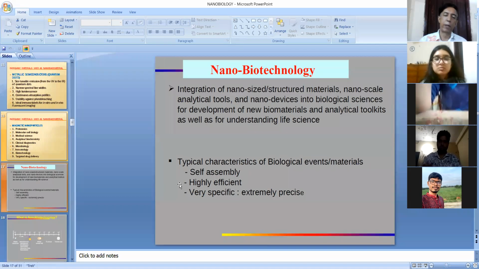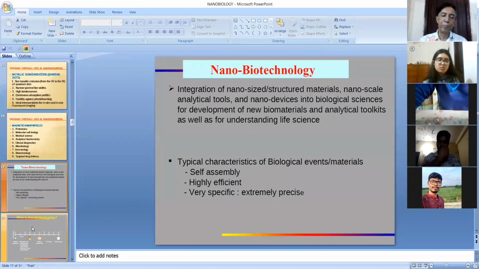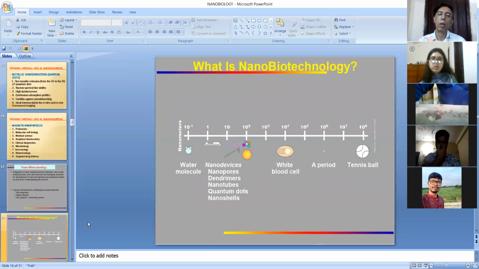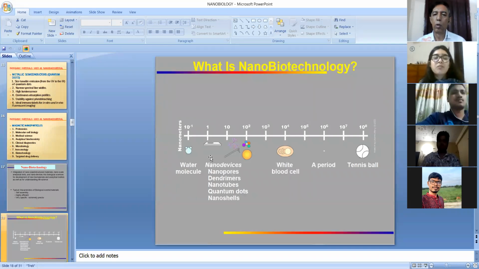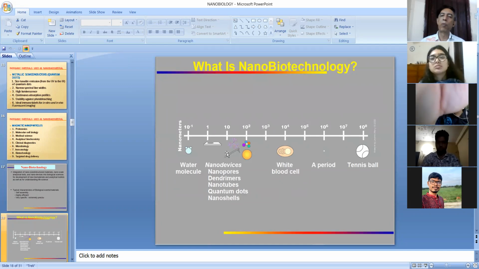We'll see it later. Now, we have nano devices. We can use, for example, nano robots. They are nano devices to deliver your medicine.